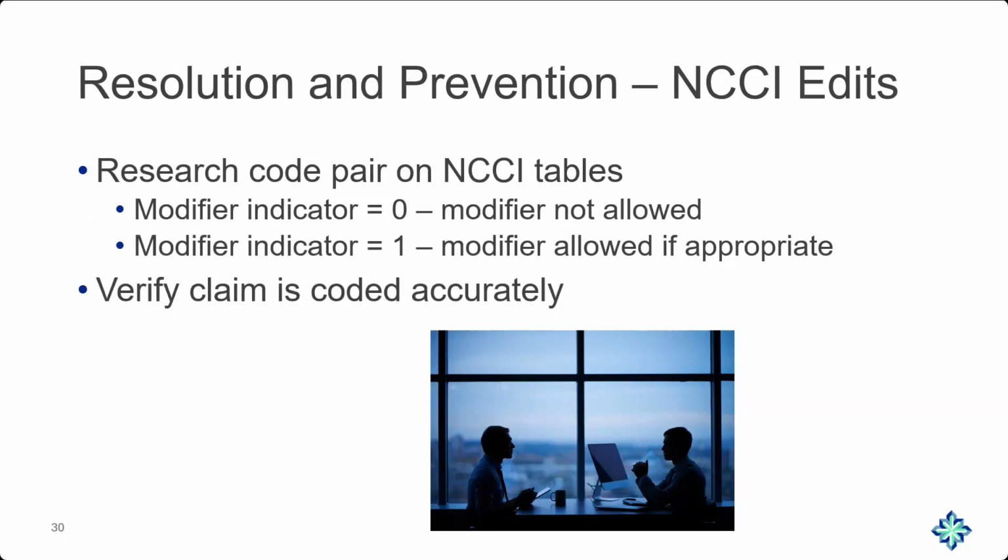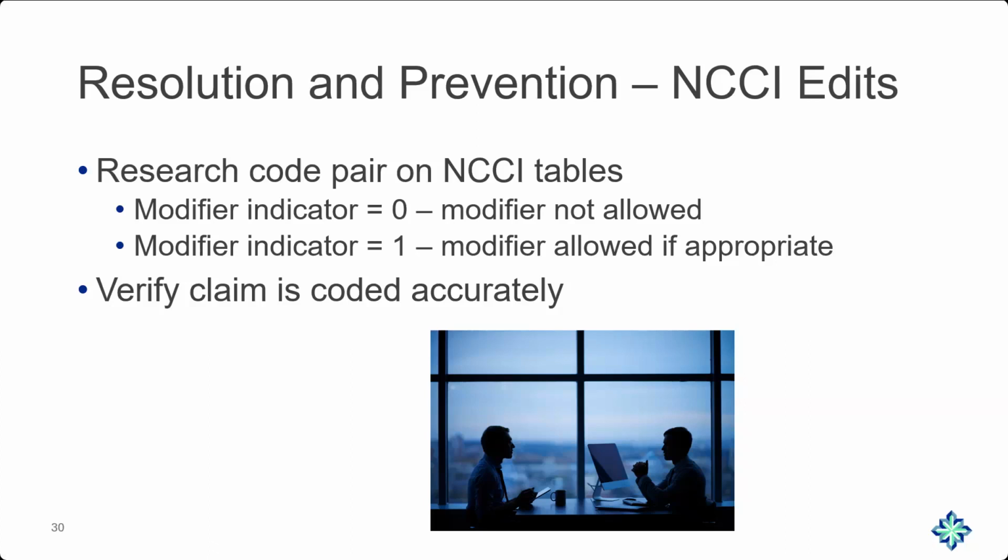If the NCCI code pair tables, which are on the CMS website, you have to look at column F, and it specifies if you can use a modifier. The number in this column is the modifier indicator for the edit. So the indicators 0 or 1 show whether or not a modifier allows the procedure-to-procedure code pair to bypass the edits.